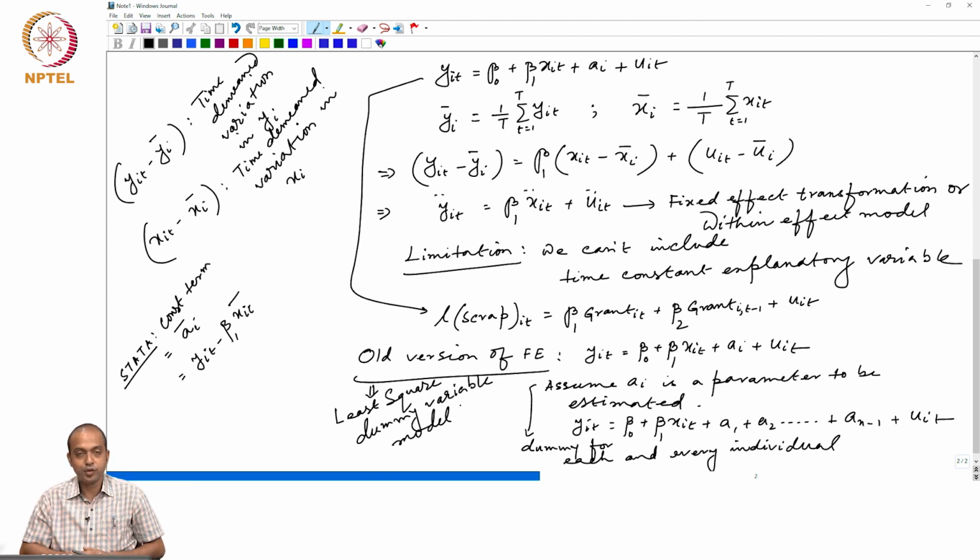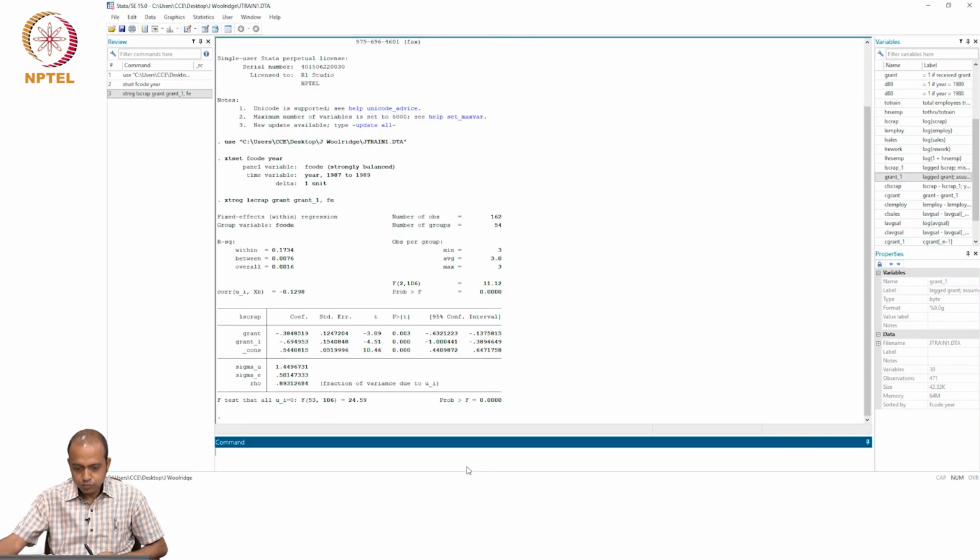Least square dummy variable model, or in short, LSDV. So, this is how we can explain the coefficient.